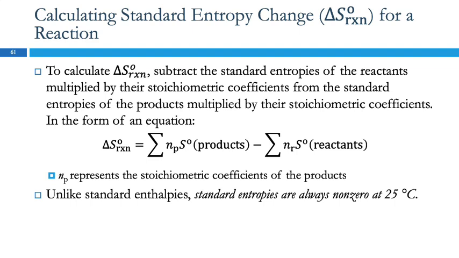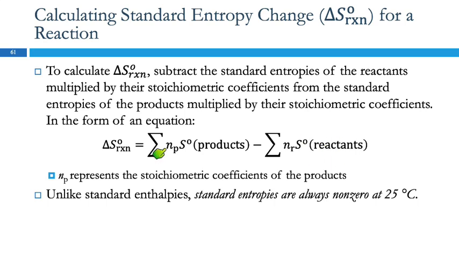Well, how can we calculate the standard entropy change for a reaction? We're going to do it just like we did with standard enthalpies. So we're going to subtract the entropies of the reactants, taking into account how many moles of them there are, from the standard entropies of the products. So this is the products minus the reactants.